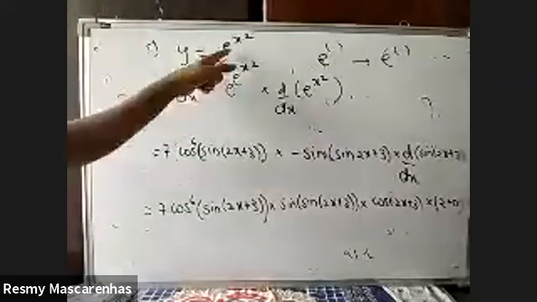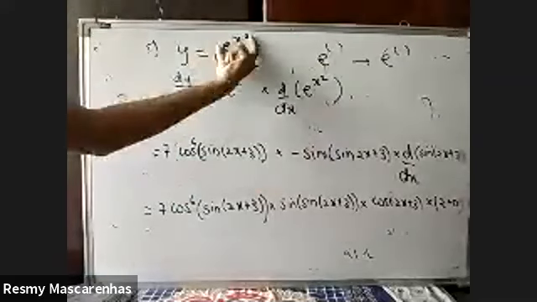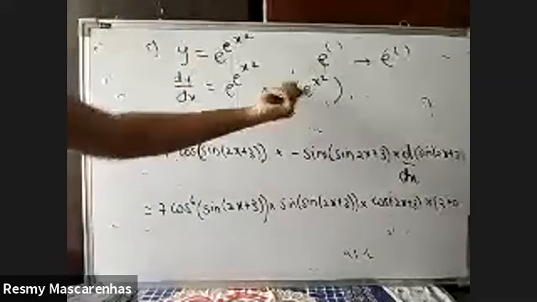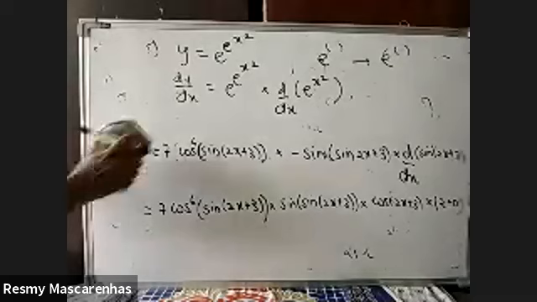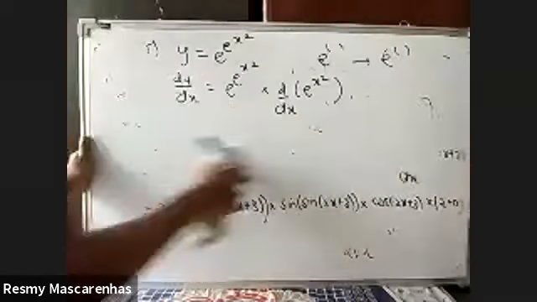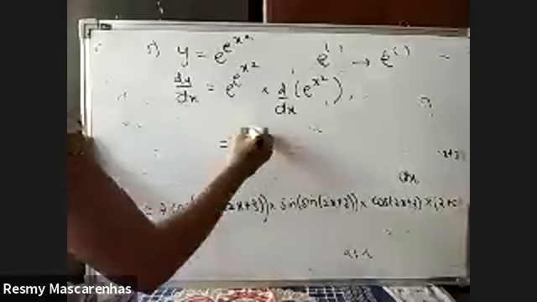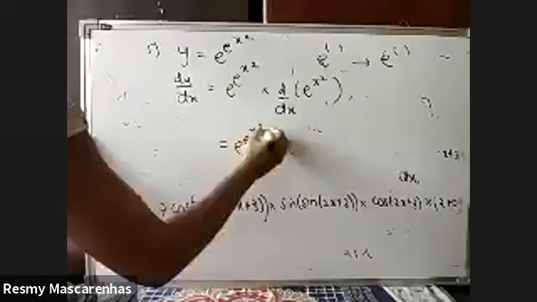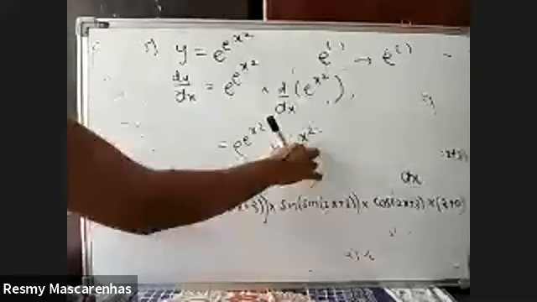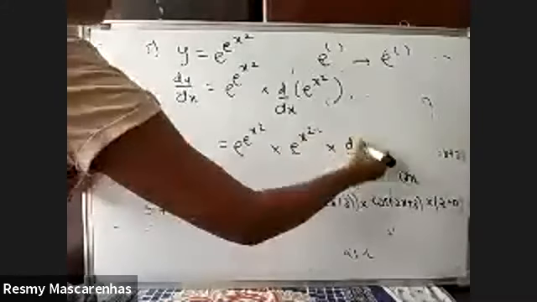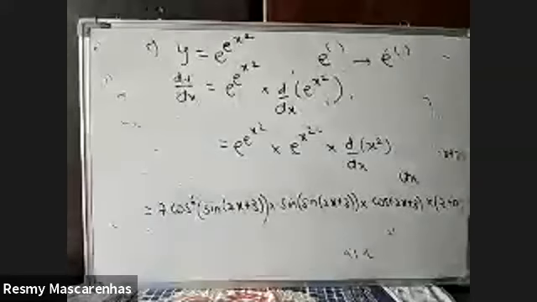If it was e raised to x, then the answer would be e raised to x. But now this is not x; instead of x, e raised to x square is there. So take its derivative. Now this will again be e raised to x square only, but with the extra derivative of the last x square, its power.